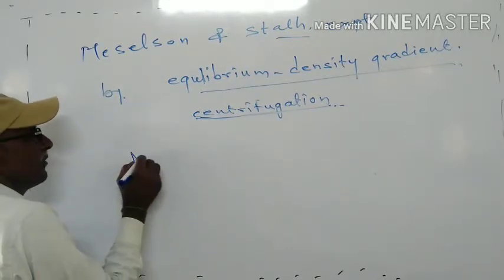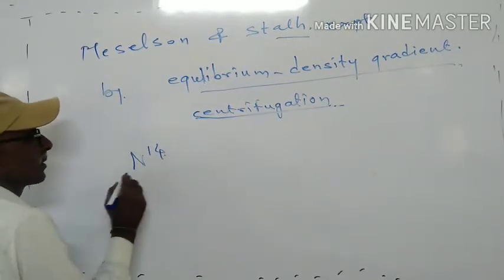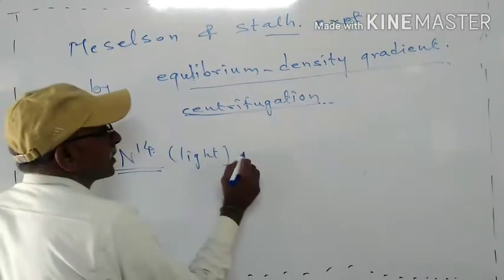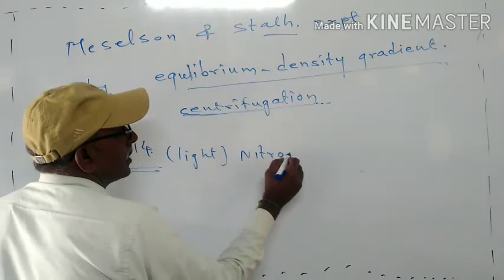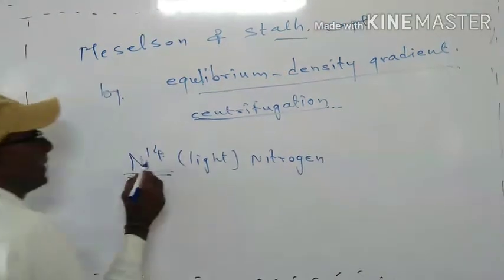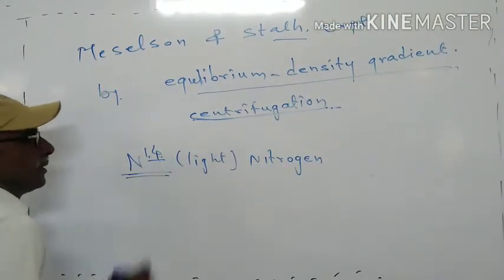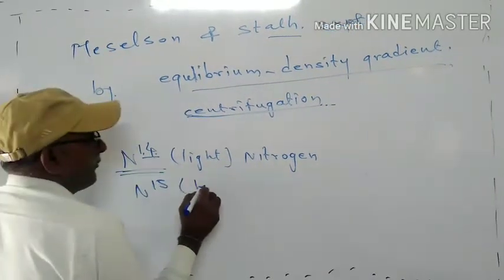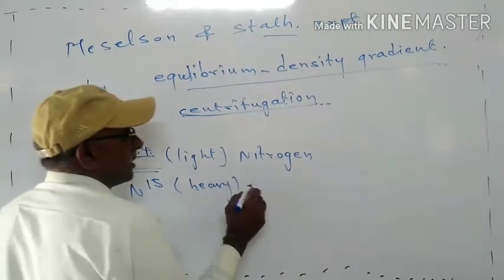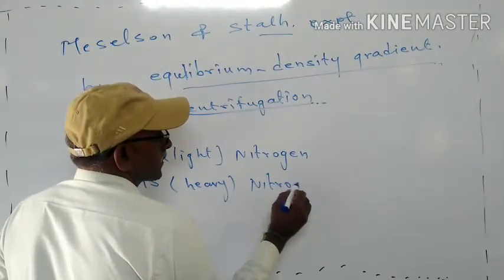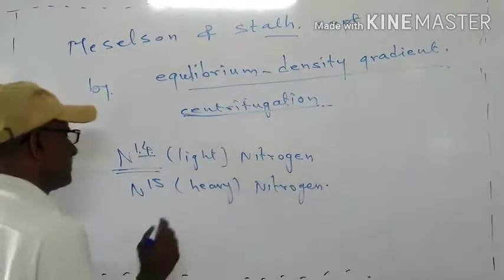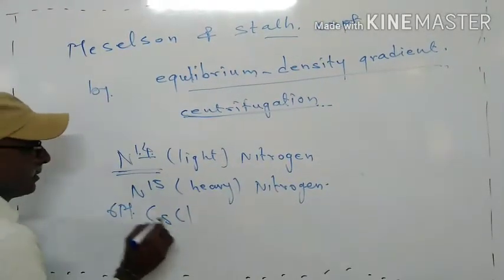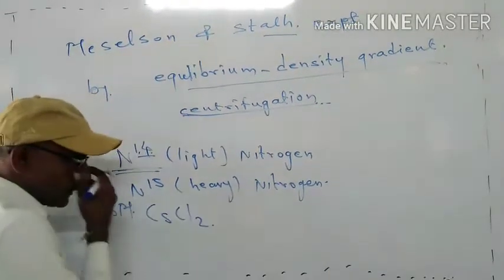They used N14, the light isotope of nitrogen. Then they used N15, heavy nitrogen. Then 6 molar CsCl, cesium chloride.